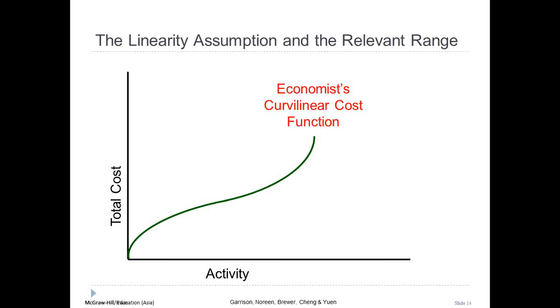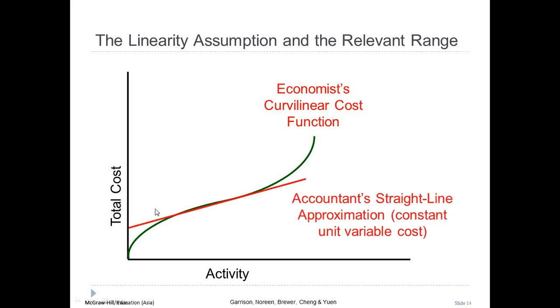Economists point out that many costs, as classified as variable costs, actually behave like a curve, okay? But we accountants like straight lines. We tend to be more binary, and it's either yes, no, black, white, straight line. We don't like curves as much. So, in the case of, again, using the relevant range, we can get very comfortable with a straight line. Okay?